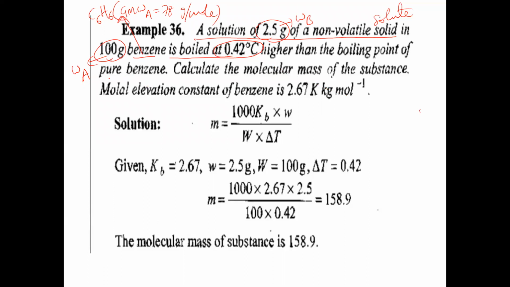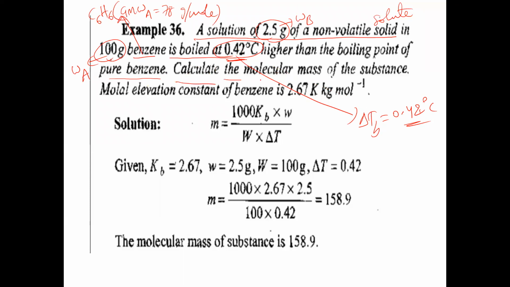So this is the elevation in boiling point, which should be taken as delta TB. Delta TB is given as 0.42 degrees Celsius. So this much is higher than the boiling point of benzene.